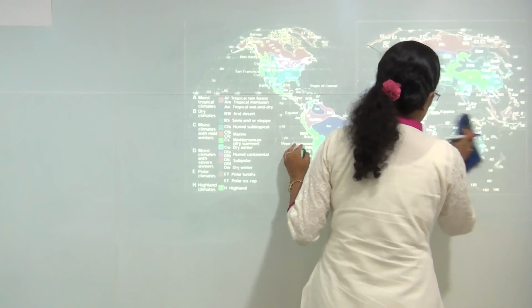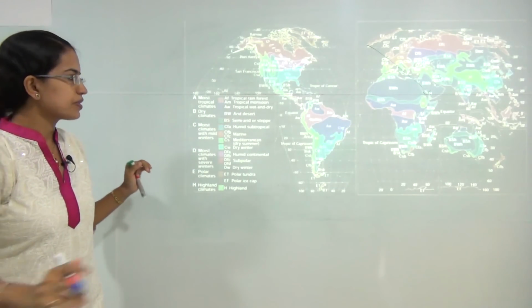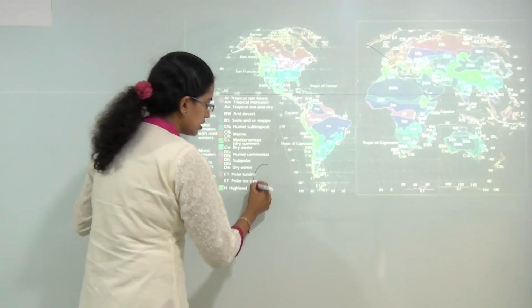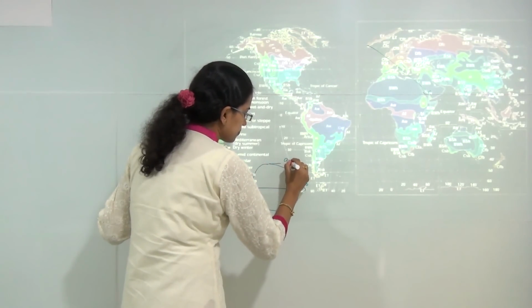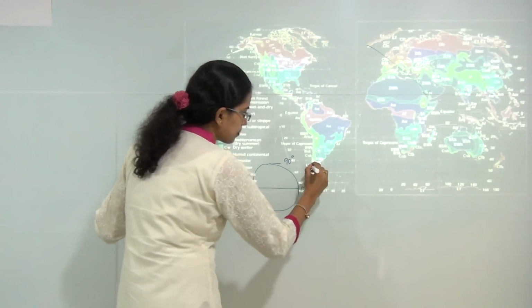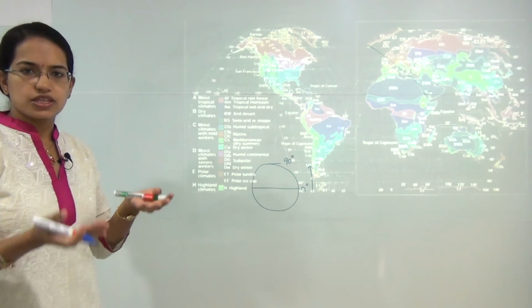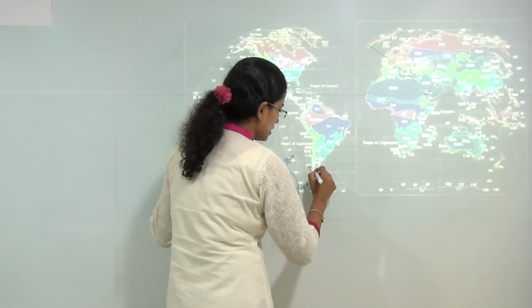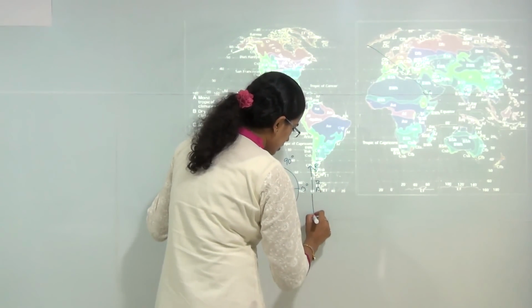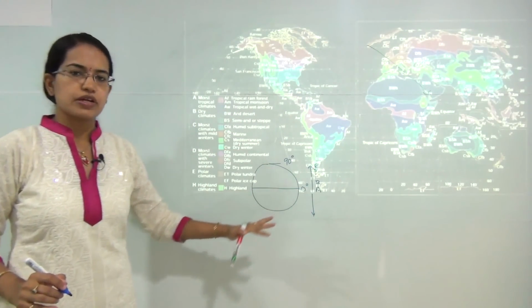In his classification, Köppen tried to explain in very simple terms, if we are working on the globe and this is the equator and these are the poles, as we move away from the equator, we will start working on the alphabets. So we will work with A, B, C, D and E, on either side as we move from equator to poles.